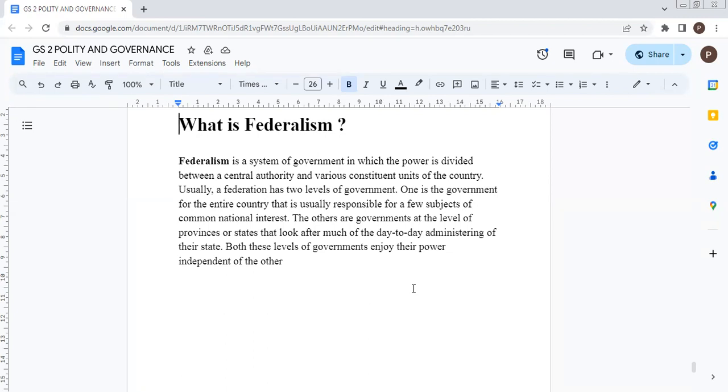But in a unitary government, the constitution may or may not be written. For example, France is an example of a unitary government, and it has a constitution in written form. But the country that was the colonial master, Britain, has no written constitution. So can we say that Britain is not a republic? No, we cannot say that.